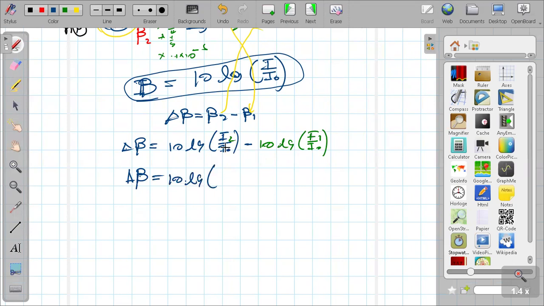You know one thing, whenever there is a subtraction of logarithms, it becomes what? The division inside. So I have to put this in a square bracket, then Lg in a regular bracket.